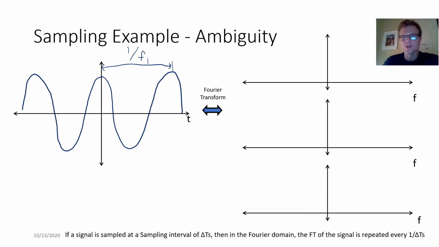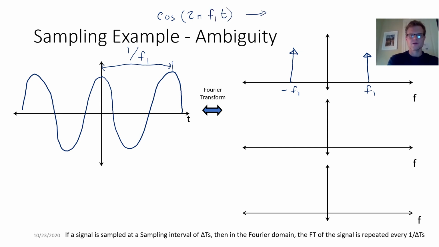And then let's look at the Fourier transform of this continuously valued function, where this is a cosine, and the Fourier transform of a cosine is 2 delta functions, at positive f1 and minus f1. Let's write that up here: cosine 2 pi f1 t.